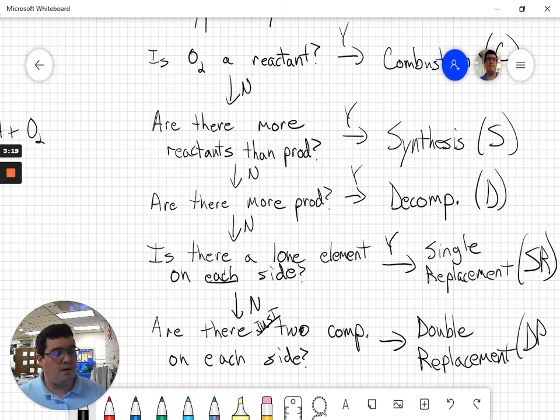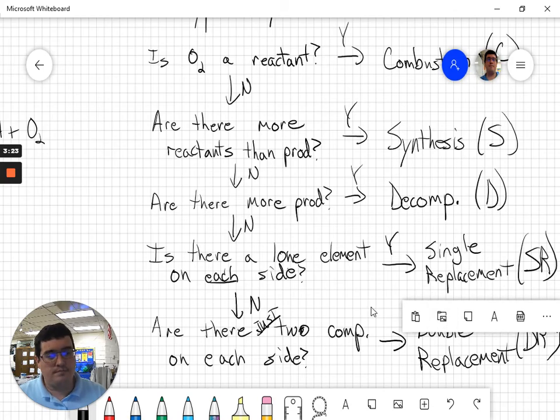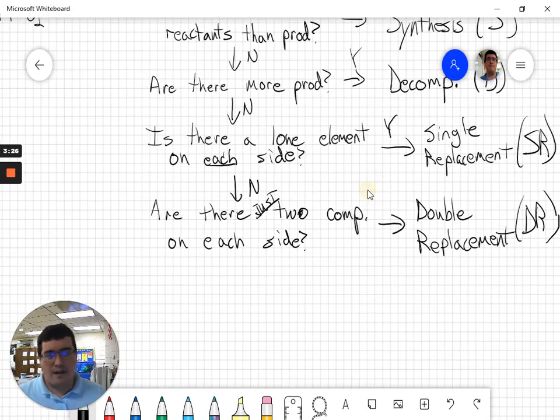That would be DR. And if that's not true, then none of the five are in there, and you are looking at a redox, abbreviated capital R.